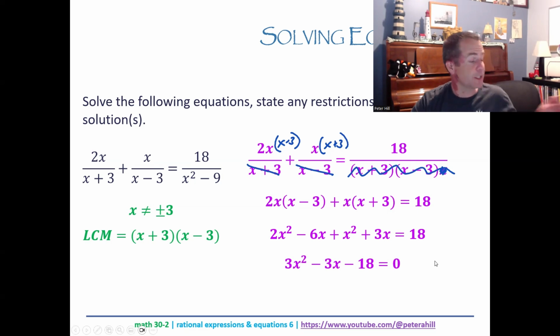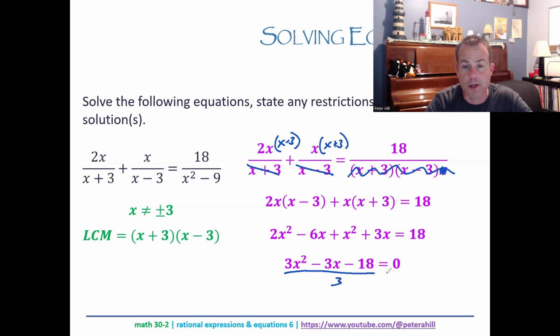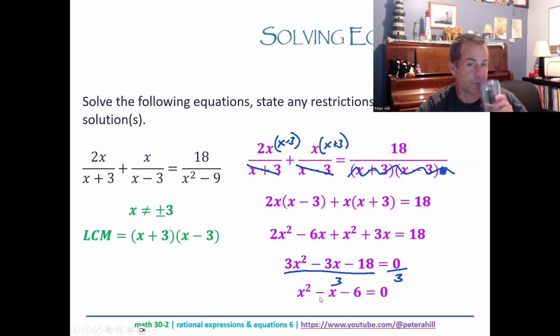So the other thing I want to do to make my life a little easier is divide everything by 3 now. I can do that because essentially I'm just dividing both sides by 3, right? So if I went, boom, I'm going to divide all that by 3, and I'm also going 0 divided by 3. It's just that 0 divided by 3 happens to be 0. So that's going to give me x squared minus x minus 6 equals 0.